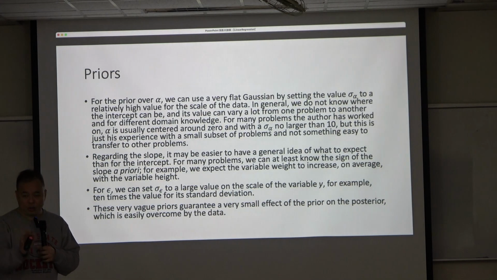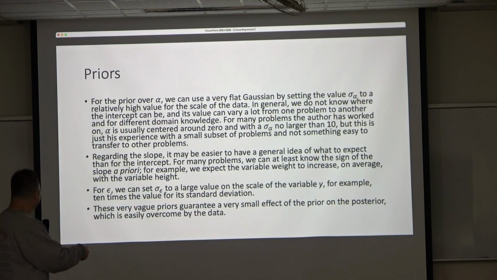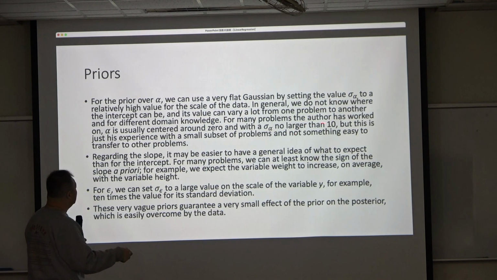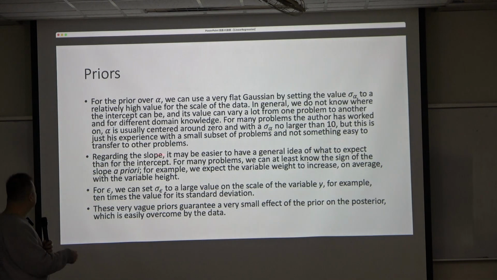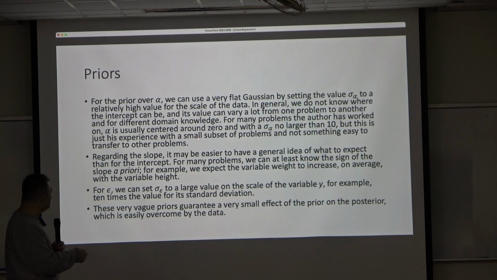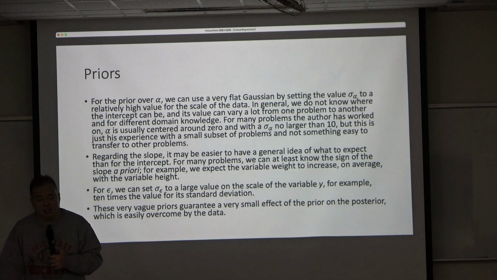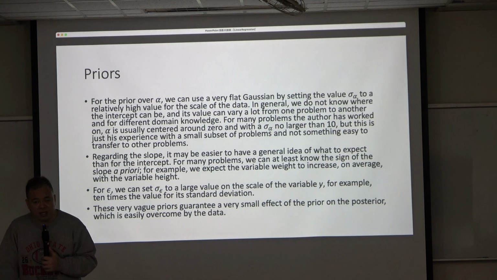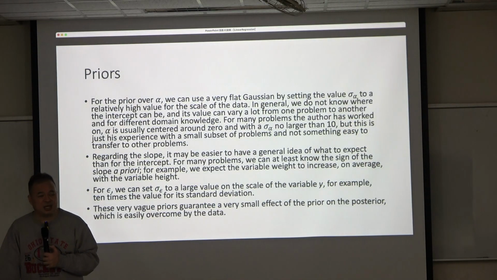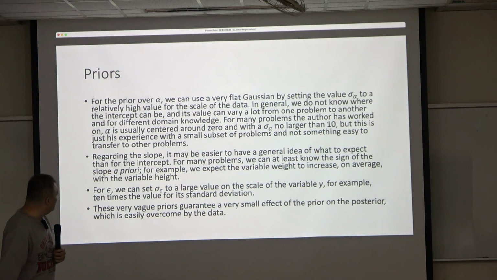It may be wrong; the author himself says it may be wrong. This is just his experience with a smaller subset of problems, not something easy to transfer to other problems. So it really depends on the problem. The author admits that this is not necessarily the case. Okay, that's for alpha.